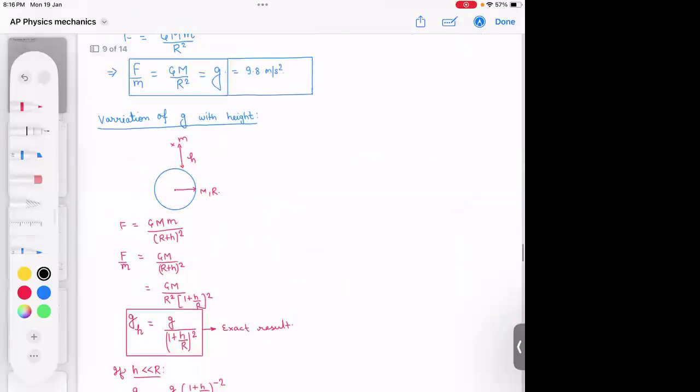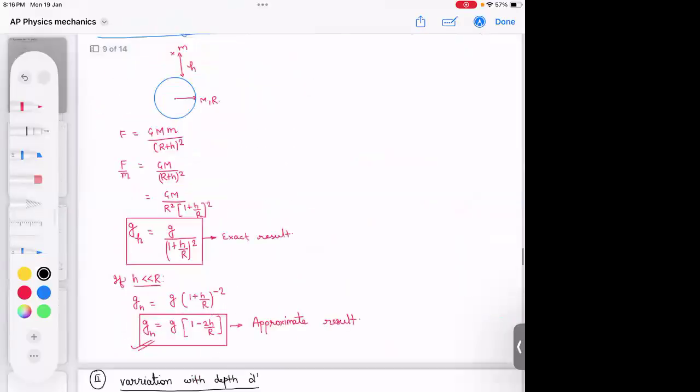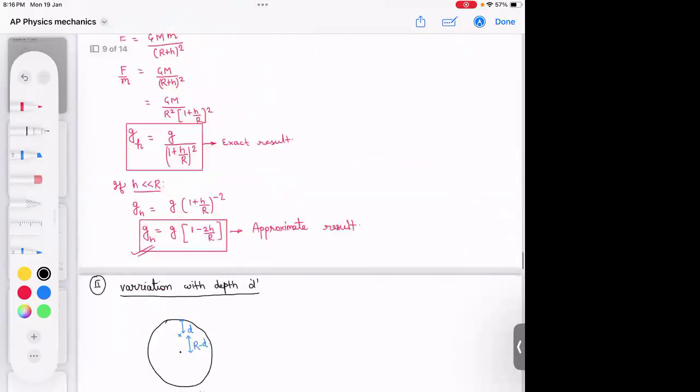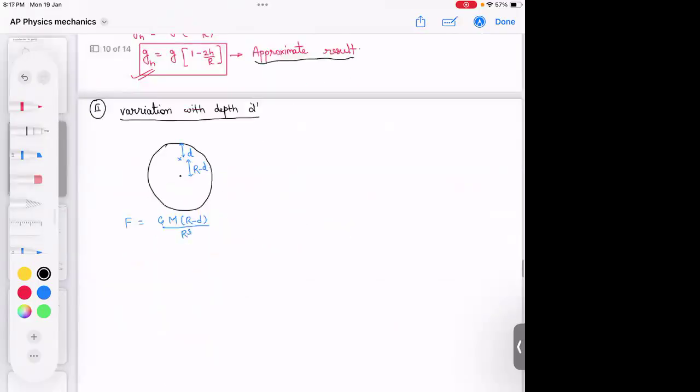Remember variation of g with height? As we go above, what happened? The gravitational field decreases. This is the exact result and approximate result. And at depth d, what happened? Cm by r square common, 1 minus d by r, it will come. So that means g at the surface into 1 minus d by r.